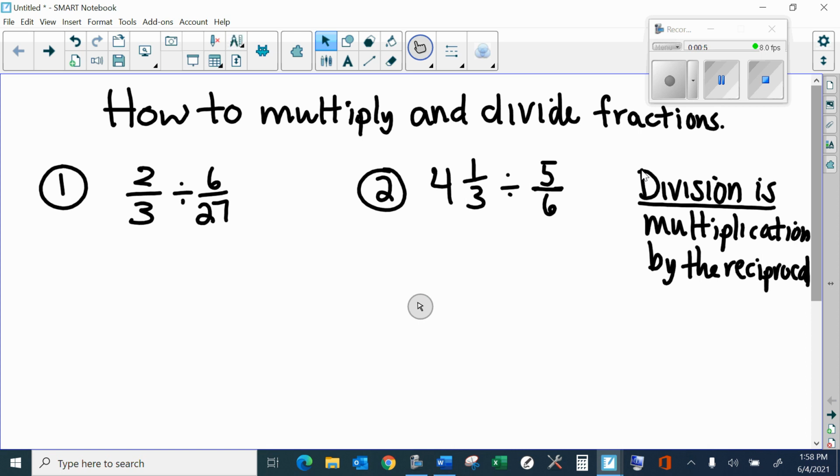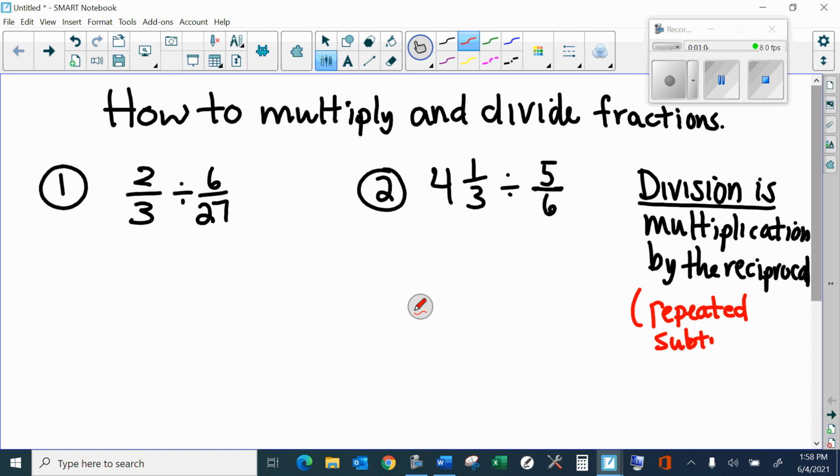You could also, that's the answer I'd be looking for, but you can also call it repeated subtraction. That's what you would have done in elementary school when you first learned. Okay, it's repeated subtraction.